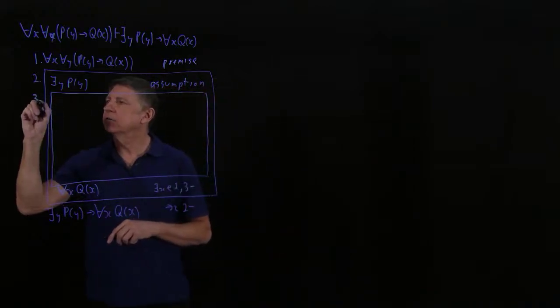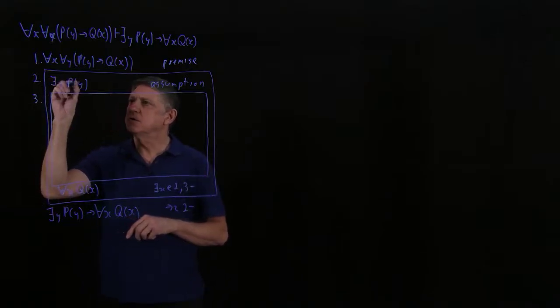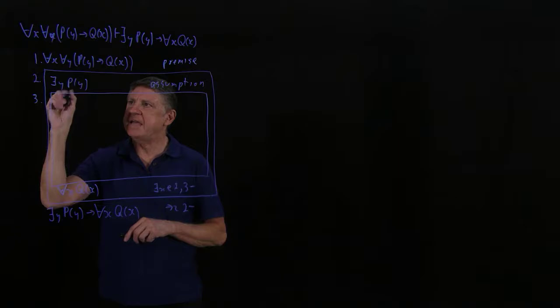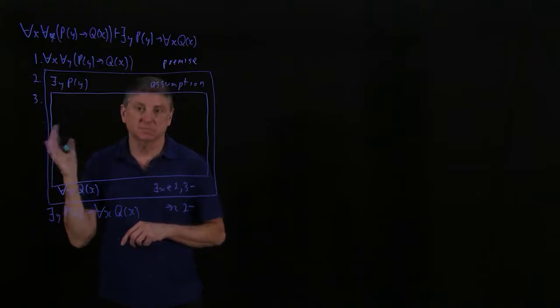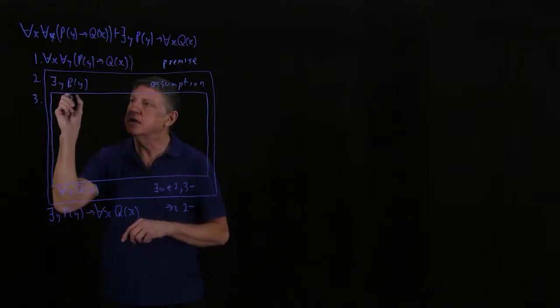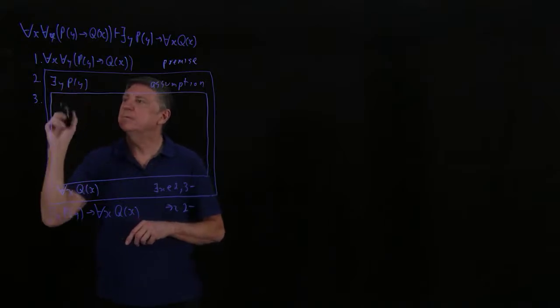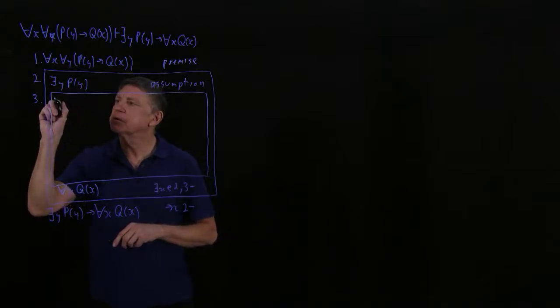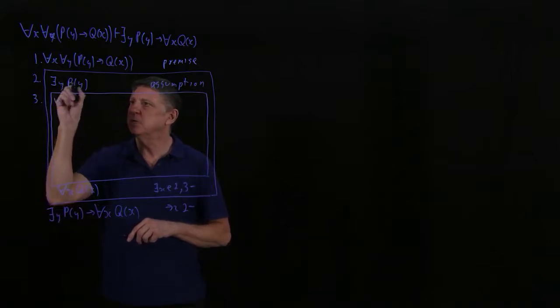And at 3, I introduce a fresh variable, and I substitute that fresh variable into this formula provided it's free for. And in this case, if I pick w, that will be free for y. So I'll introduce a fresh variable w. I'll substitute w into this.